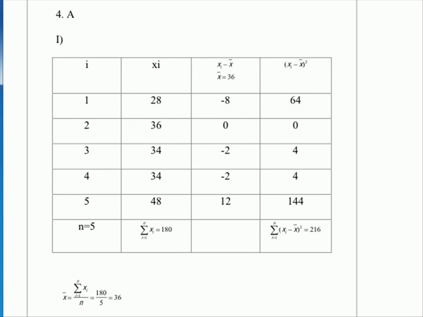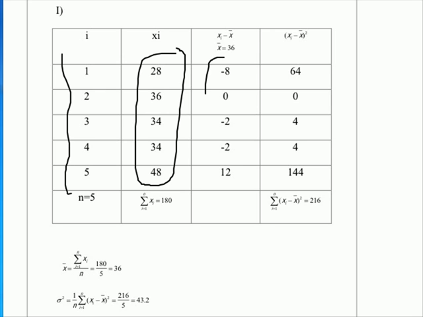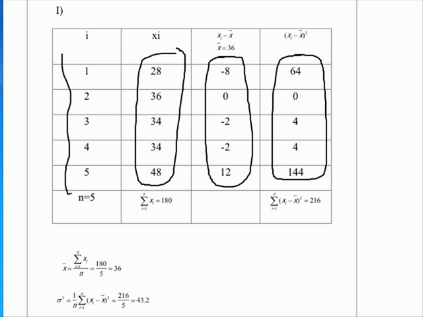So here we go. This is a table that represents the scores. Essentially this is the student number, this is the actual score, this is the deviation from the mean of each one, and this is the square of that.